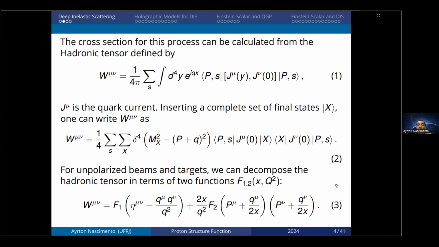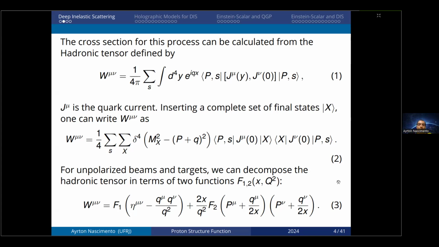All the stuff I'm telling you right now, people started doing even before the concept of QCD. Even before QCD was invented, people studied these processes and devised theoretical concepts to help understand what these f1 and f2 functions are.